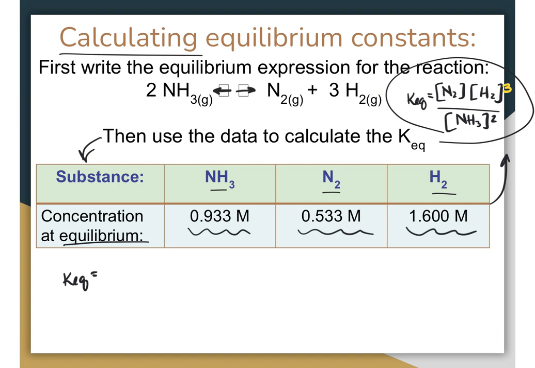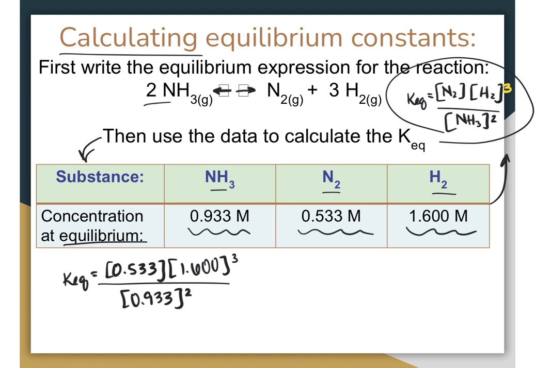We're going to put the N2 in the first set of brackets. Multiply that by, oops, I didn't want to put H. I want to actually put the number there. H2 is 1.600, but remember that's to the third power since we have that exponent there. And the NH3, 0.933, and this is going to be squared, again, because we have that number out in front there.